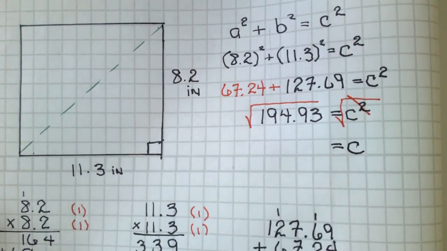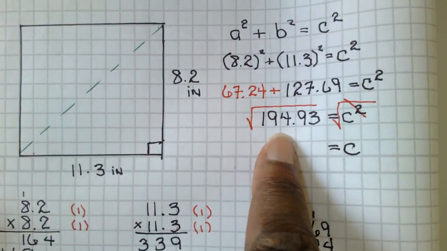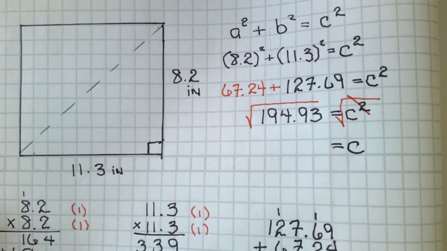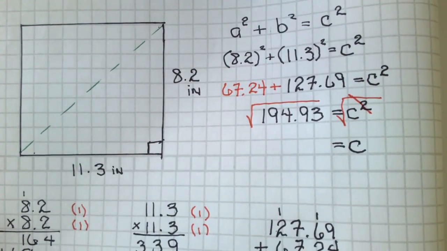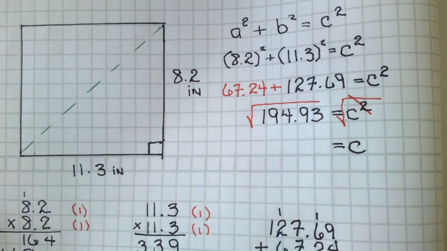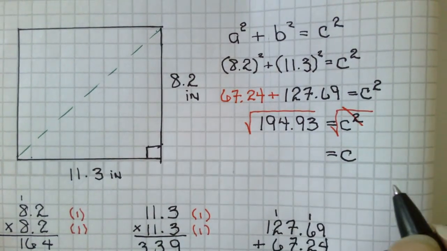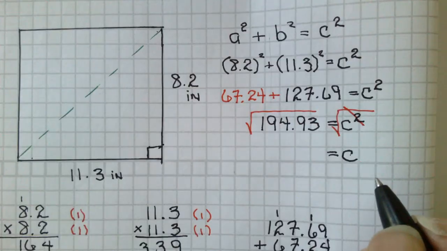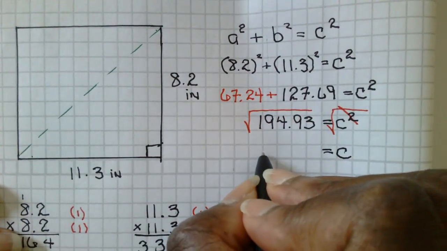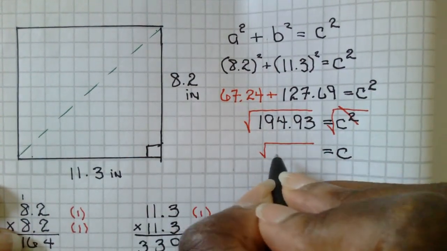Now, I can tell you if you did the Accuplacer, they will probably leave it as a square root with this decimal. It looks funky, but if we're able to use a calculator because of the decimal, what would our answer be? So we can say the square root.